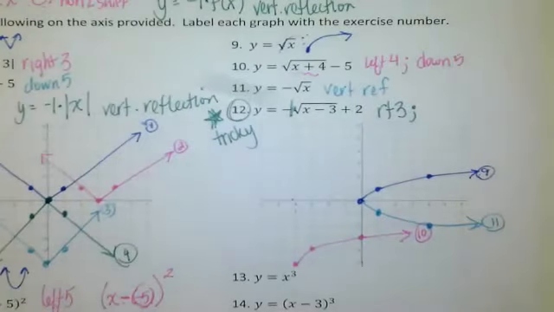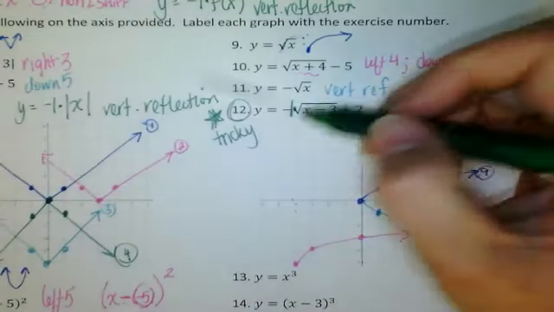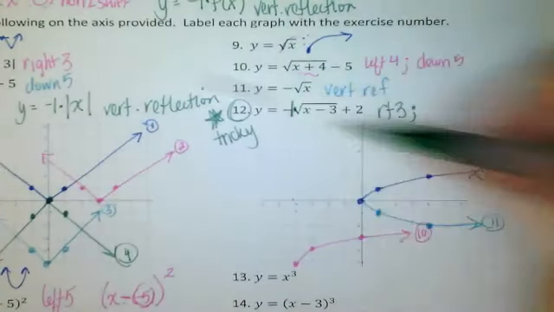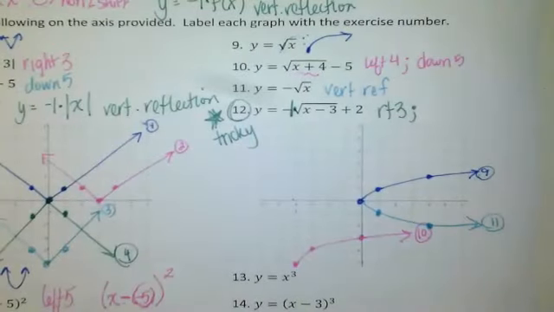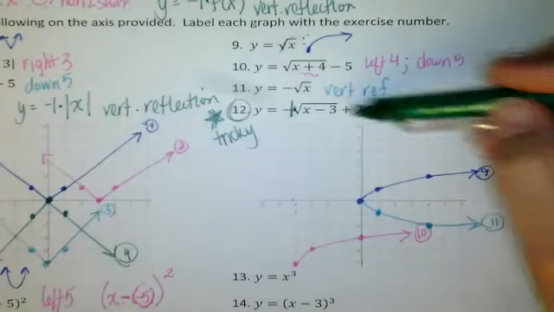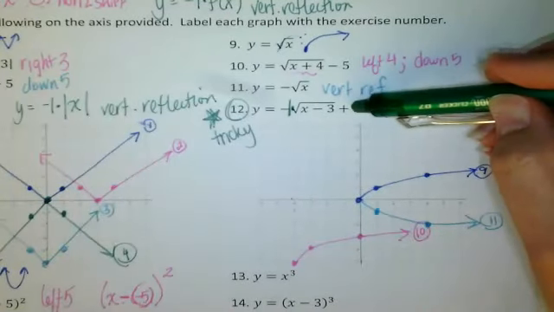Which one do you think we're going to do first? +2. I'd say the up 2. You reflect it first. So the question is, why would we worry about that multiply by -1 first? PEMDAS, order of operations. We must multiply before we do any adding or subtracting.